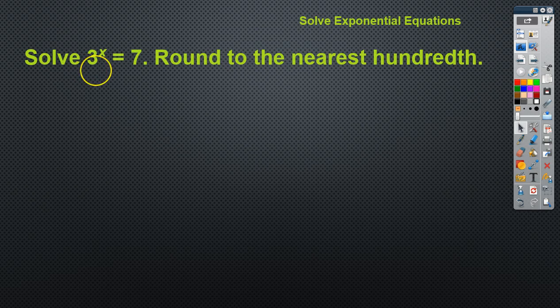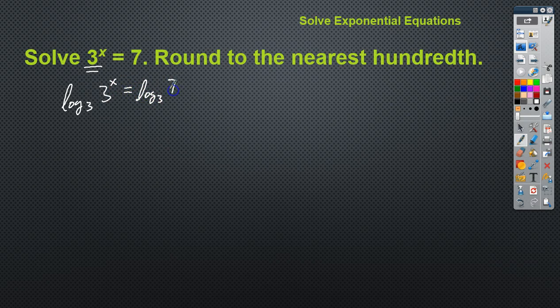In this case, my base is 3. So if I take log base 3 of 3 to the x, I need to do the same thing to the other side. I'm trying to undo an exponential. When I undo that, I do the same to the other side, log base 3 of 7. My exponent is left on its own, x is equal to log base 3 of 7.